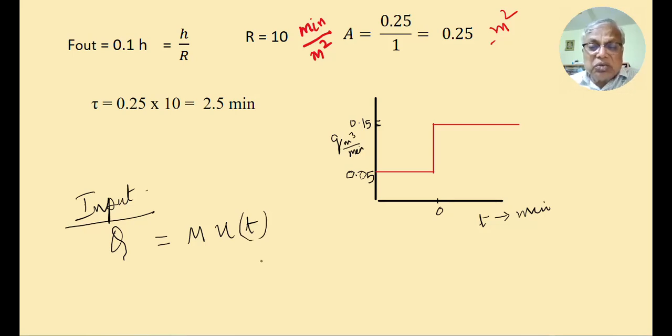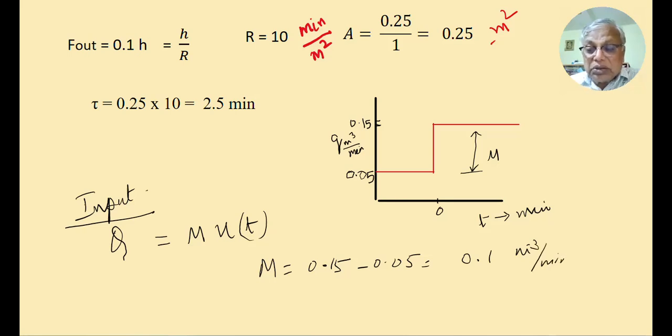What is M? M is the magnitude of the step, which is this difference. So M is 0.15 minus 0.05, equal to 0.1. So M is 0.1 meter cube per minute.